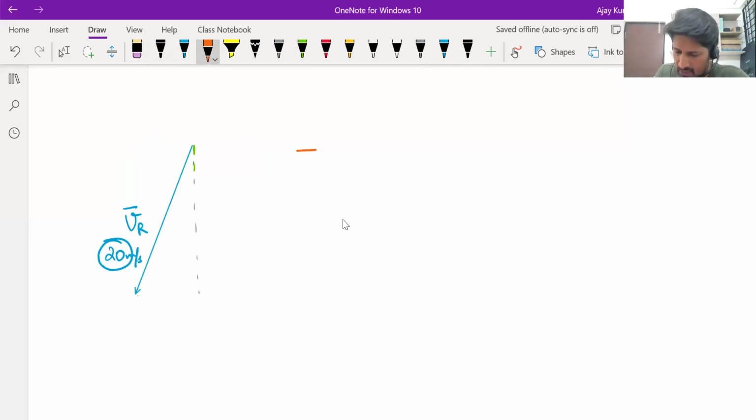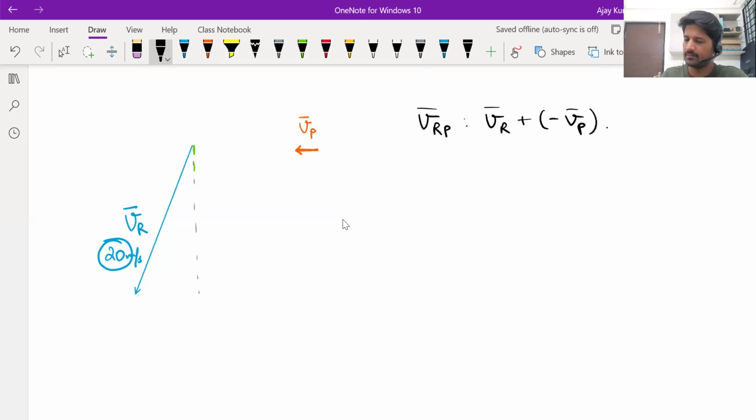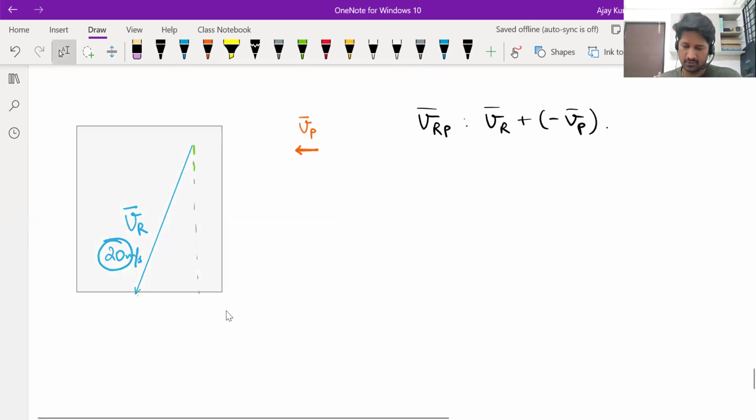Assume person moves to the left with a small velocity. So this is velocity of person. This is velocity of rain, you can see. And velocity of rain with respect to person is velocity of rain minus velocity of person. Okay. Now velocity of rain, you know the vector.